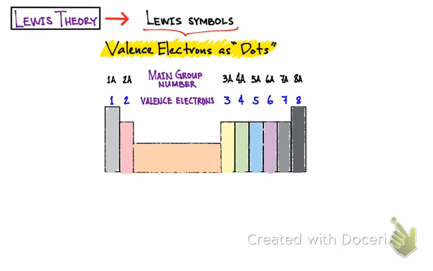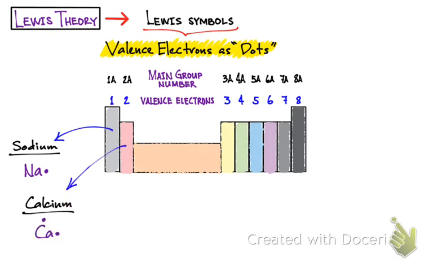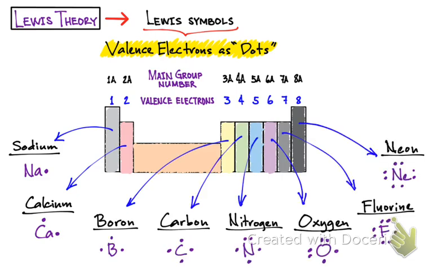For example, group 1A elements will have 1 valence electron, and group 8A elements will have 8 valence electrons. Shown here is the Lewis symbol of sodium, with 1 valence electron represented by a single dot. Here's calcium with 2 valence electrons, boron with 3, and here's a few more examples of Lewis dot symbols.